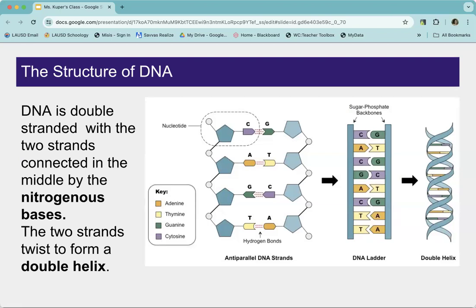So there's 2 strands of this DNA molecule, and they're connected in the middle by these nitrogenous bases. And remember, those nitrogenous bases are A's, T's, C's, and G's. And then those 2 strands twist up to form a double helix. And that is that classic spiraling staircase structure that we see in DNA.